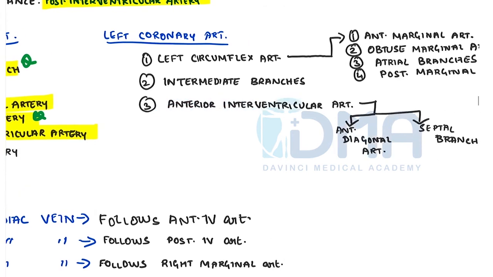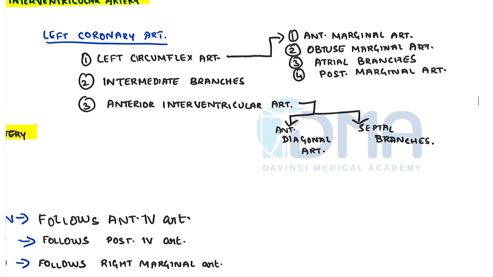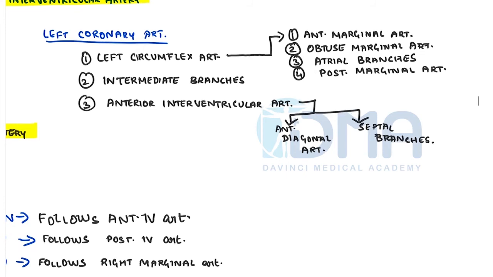And the left coronary artery is divided into three main branches, namely the left circumflex artery, intermediate branch, and anterior interventricular artery. The anterior interventricular artery is again divided into the anterior diagonal artery and septal branches, while the left circumflex artery gives rise to four branches, namely the anterior marginal artery, obtuse marginal artery, atrial branches, and posterior marginal artery.